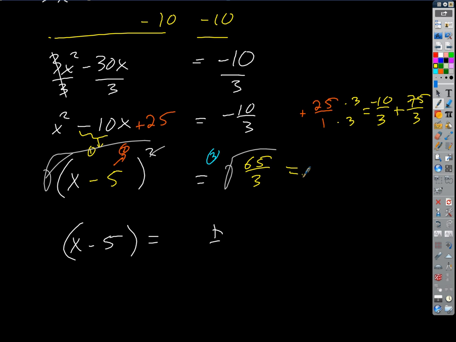So if I'm stuck with taking the square root of a fraction, I'll just split it up into the square root of the top over the square root of the bottom. But what happens when we end up with the square root stuck in the bottom? We can't leave it there, right? We can't have a stranded radical in the denominator. We have to undo that radical. What do we do?